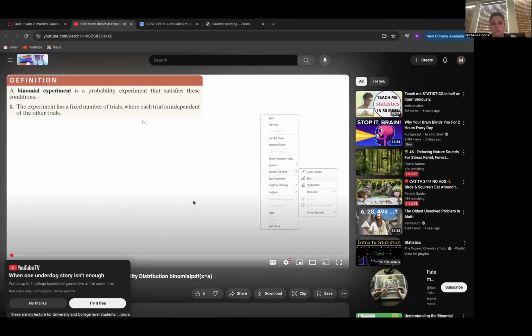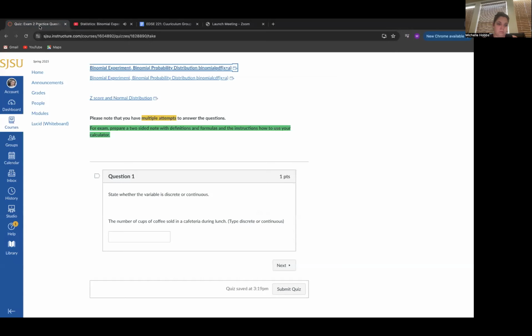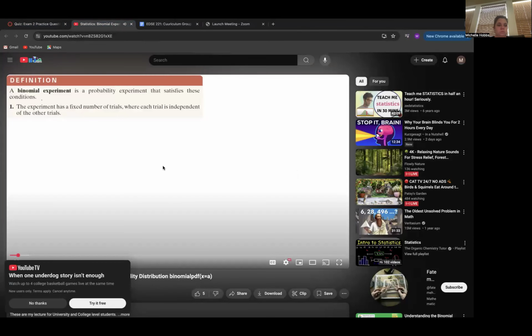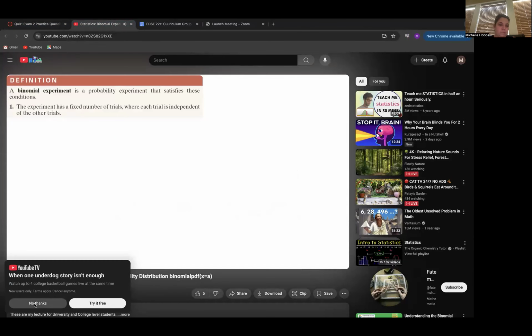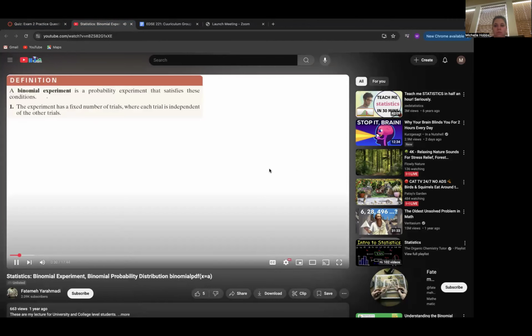What is binomial experiment? So far, we talked about different types of variables, everybody. We talked about continuous random variable, and we also said what is a discrete random variable. For a discrete random variable, we went over probability and how to calculate probability. Now, for a discrete random variable, we might have a special case, which is called binomial experiment.